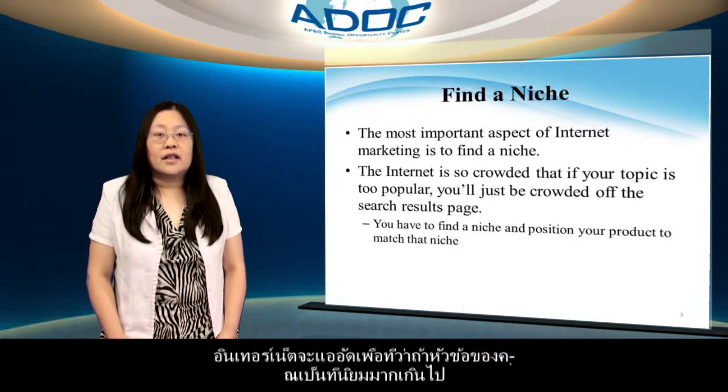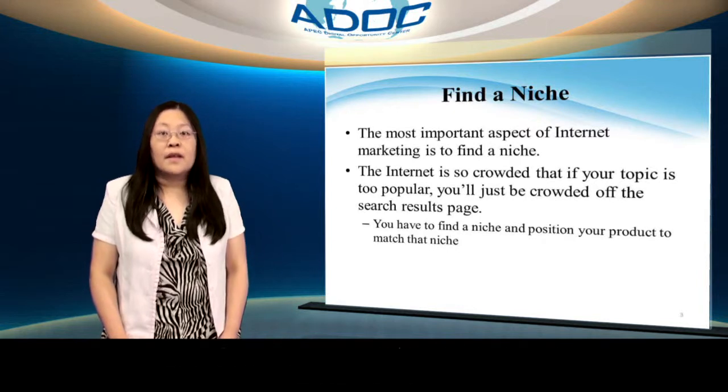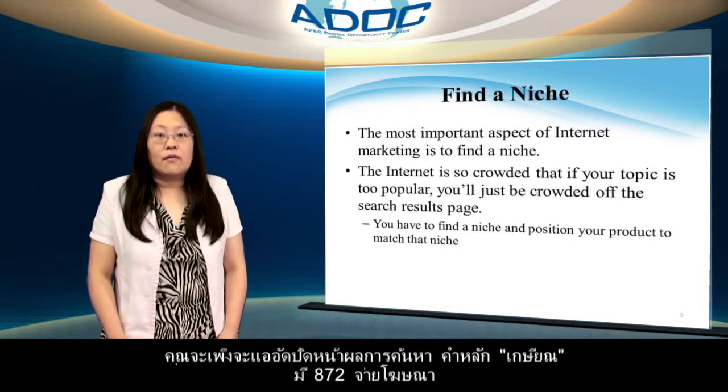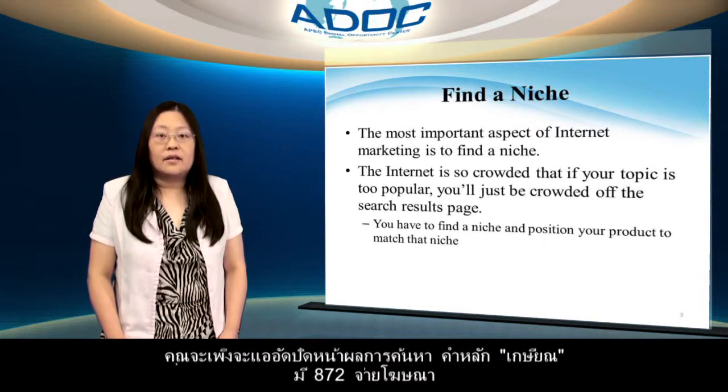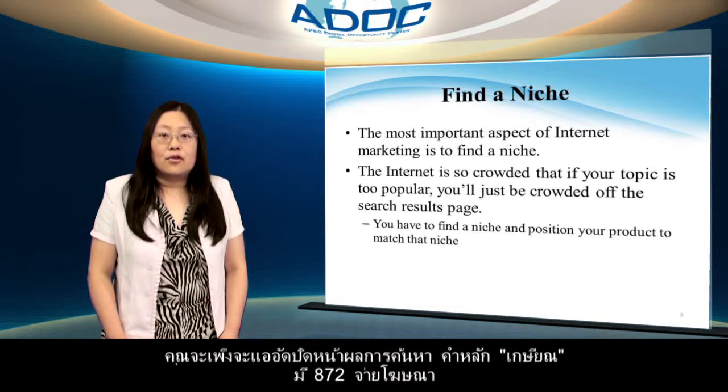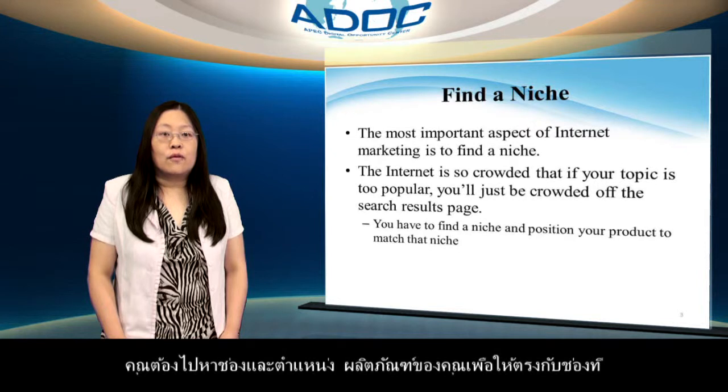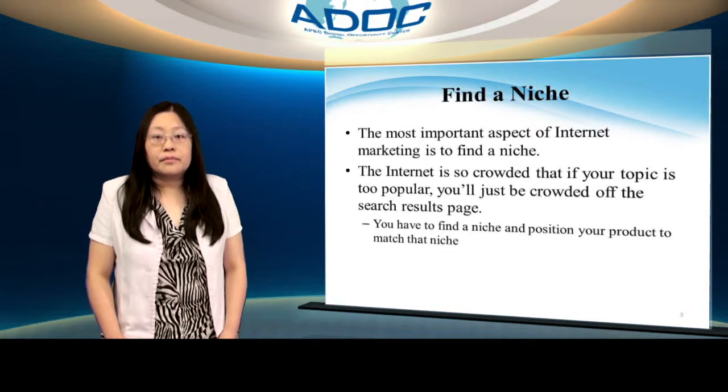The internet is so crowded that if your topic is too popular, you'll just be crowded off the search results page. The keyword retirement had 872 paid ads. You have to find a niche and position your product to match that niche.